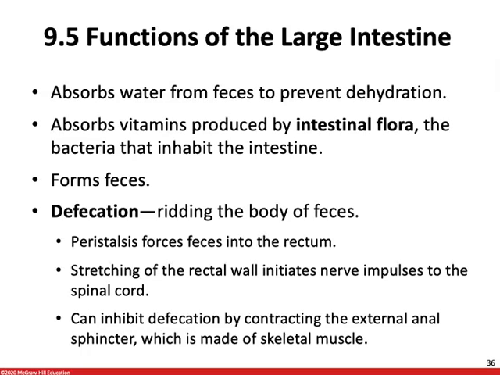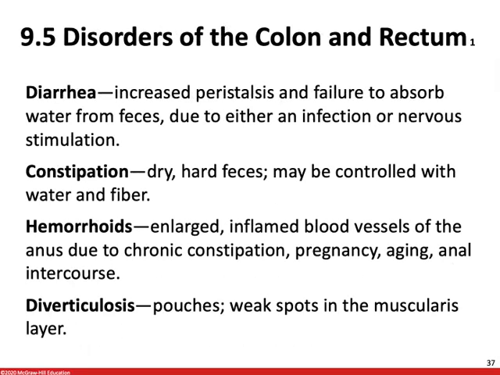We can inhibit defecation by contracting the external anal sphincter, which is going to be made out of skeletal muscle. And if you remember from our discussion about different muscle types, skeletal muscle is the muscle that we have voluntary control over.